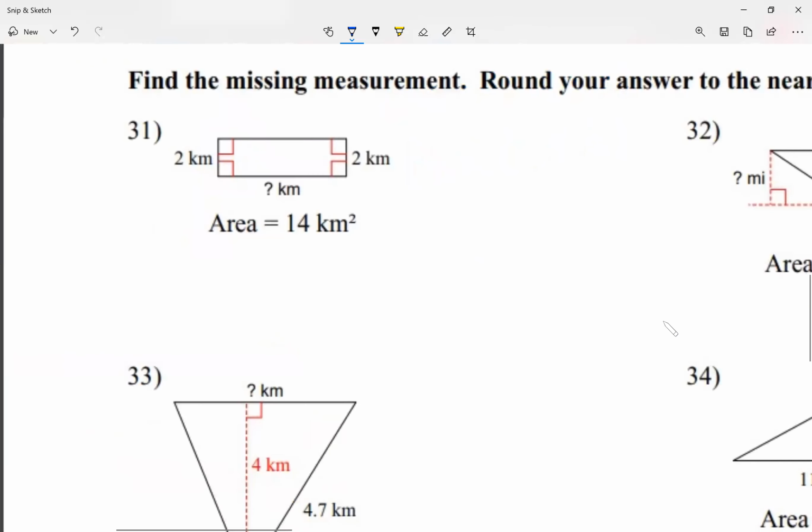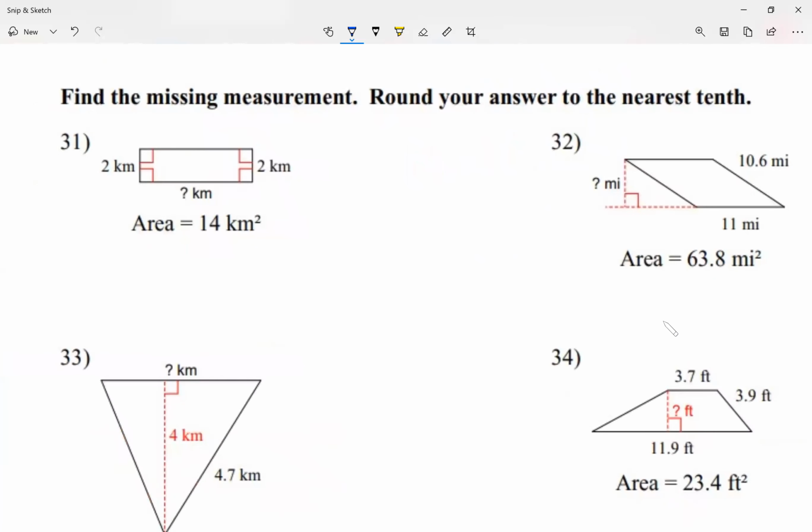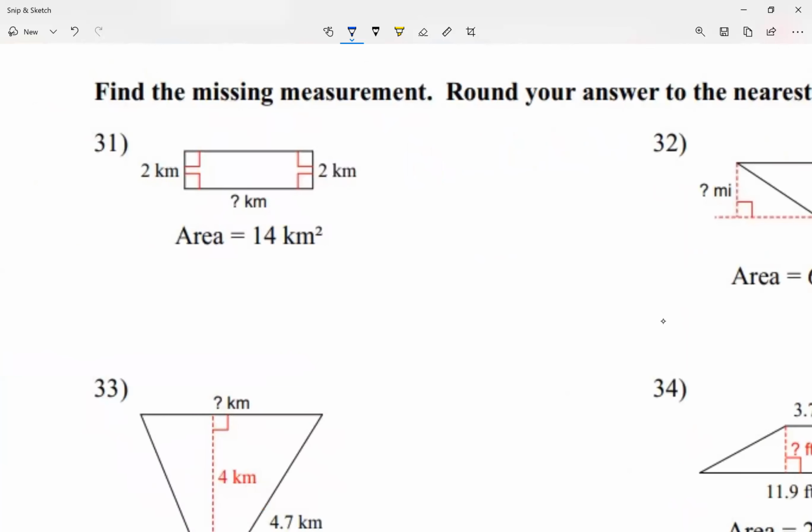Then I move on into, let's use the formulas. Find the missing measurement. Round your answer to the nearest tenth. I'm looking at a rectangle. I'm looking at this 90-degree angle made by 2 and x. Remember the question mark, I always call it x. I know on a rectangle, I have to multiply those two numbers. So 2 times x, and it's equal to the area, which in this case is 14.